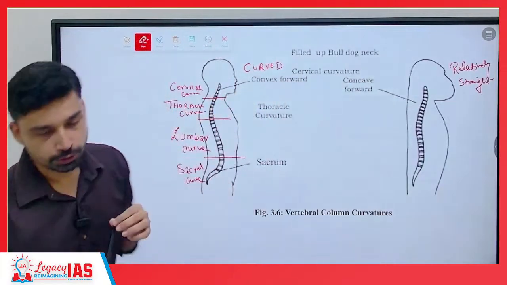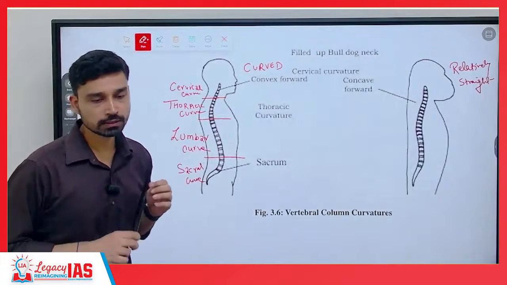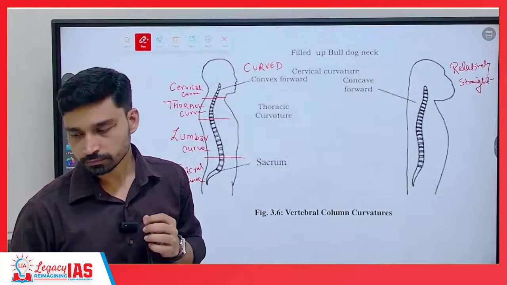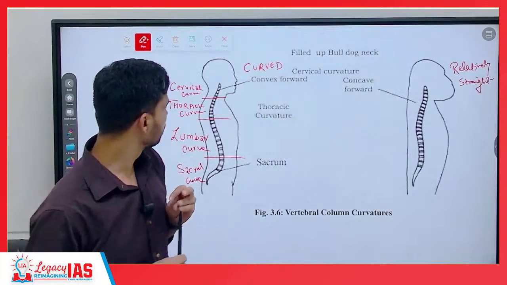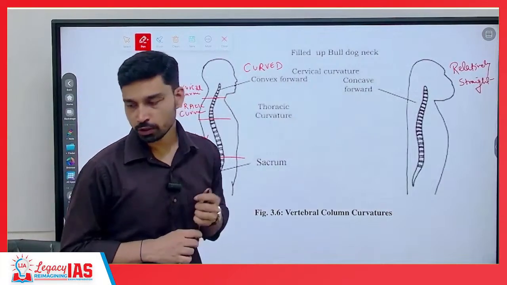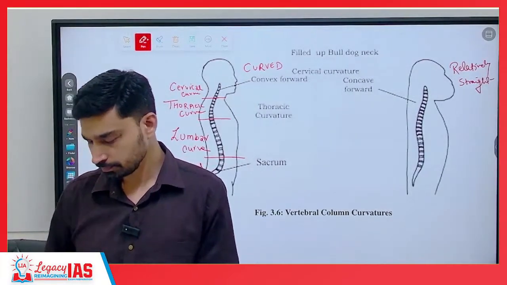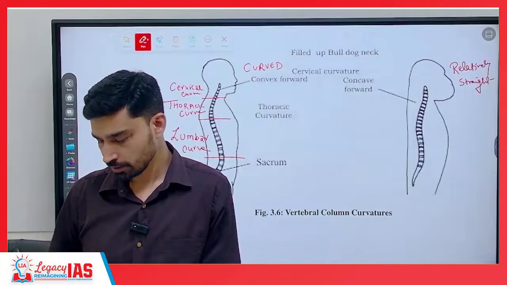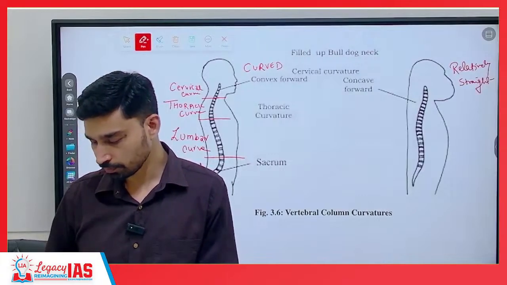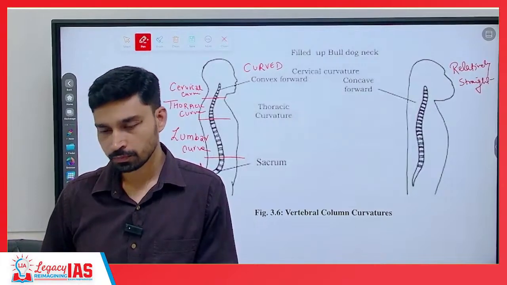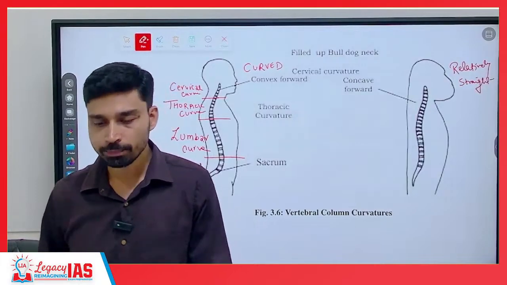The unique shape of the human vertebral column is on account of erect posture and bipedal gait.